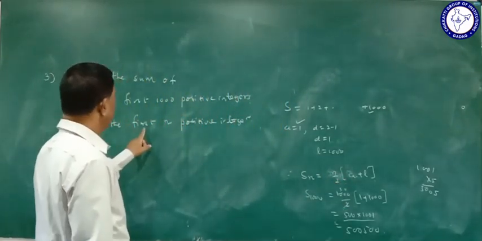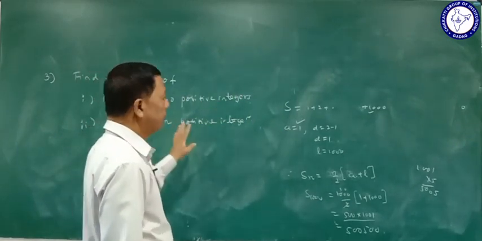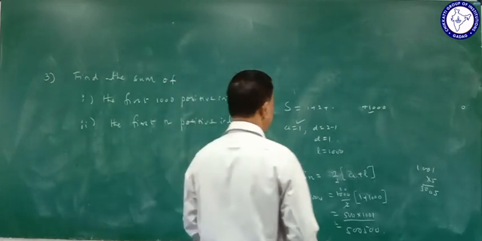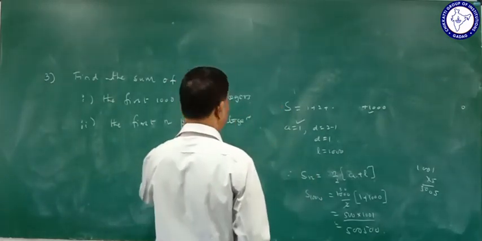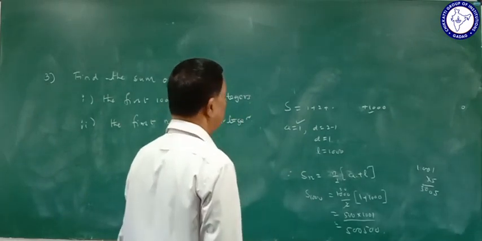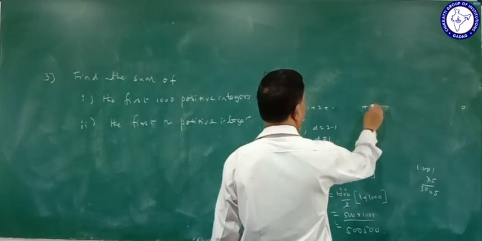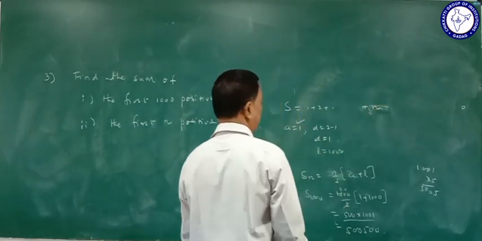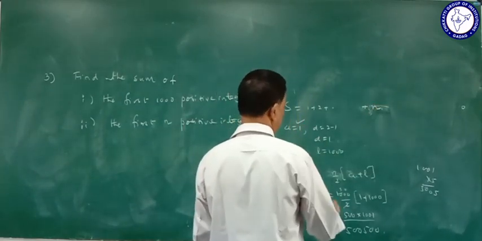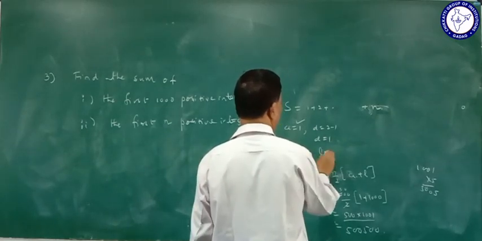So here also, for the first n positive integers, instead of 1000 you can go for n, and ultimately L is equal to n only.